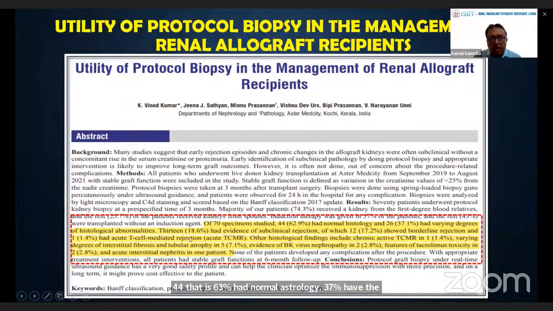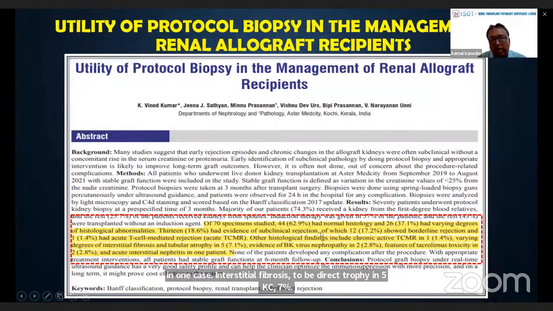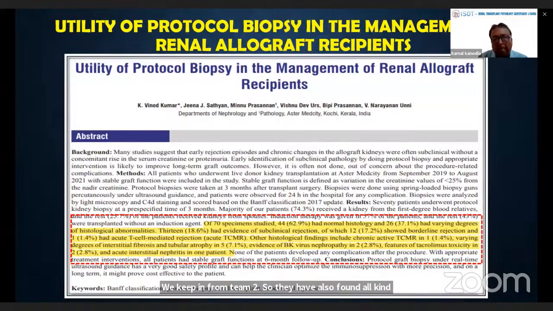Out of that, almost 18% had subclinical rejection, and some had T cell reaction. Even chronic TCMR was reported in one case, interstitial fibrosis and tubular atrophy in 5 cases, 7%, and BK nephropathy in 2. So they also found all kinds of histological features in protocol biopsy.